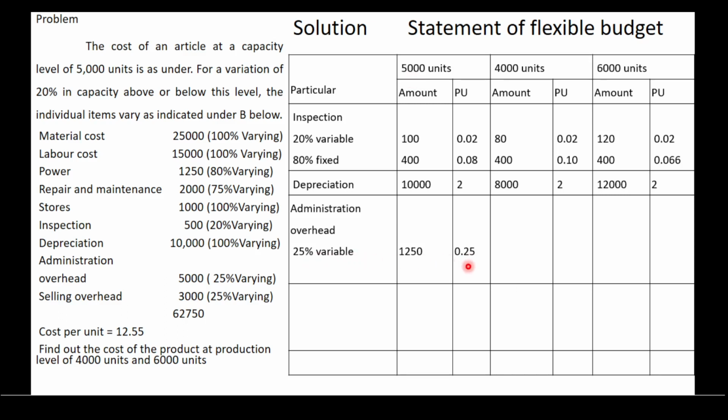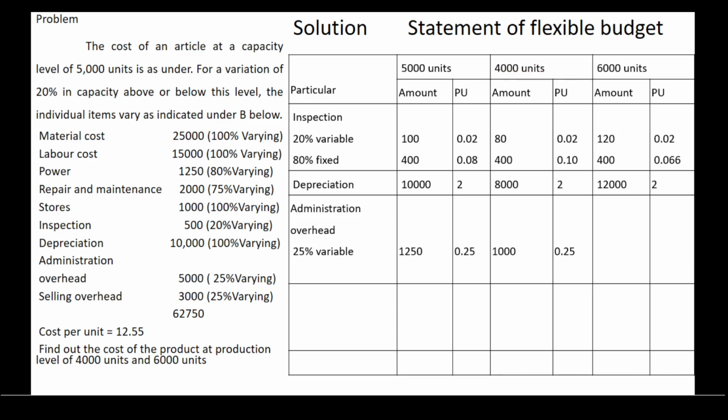Here the cost per unit is the same in the next level. So that is 0.25. So this 0.25 is multiplied with the 4000 units. When we multiply the cost per unit and number of units, we get the amount. So that is 1000 rupees.